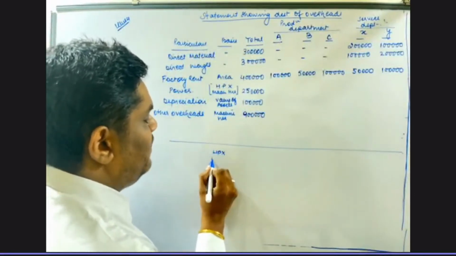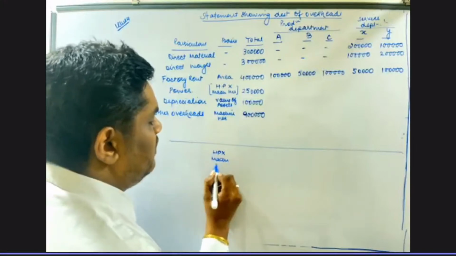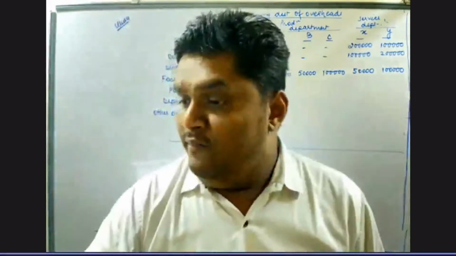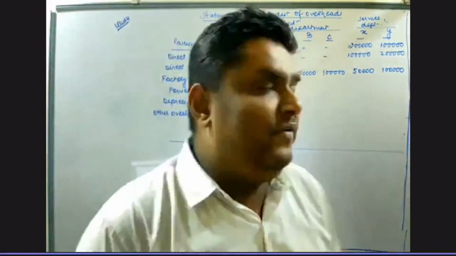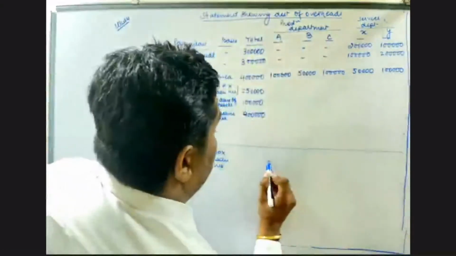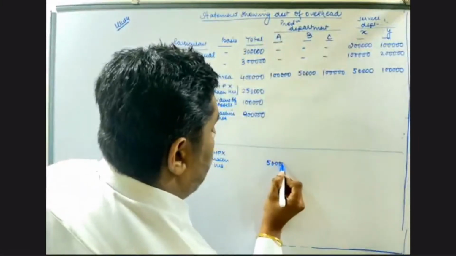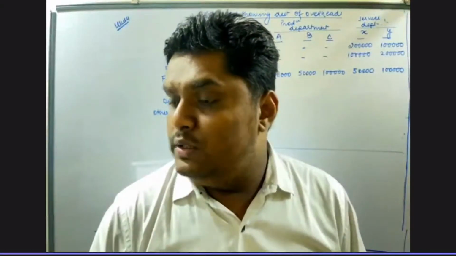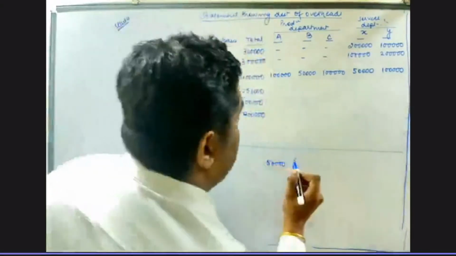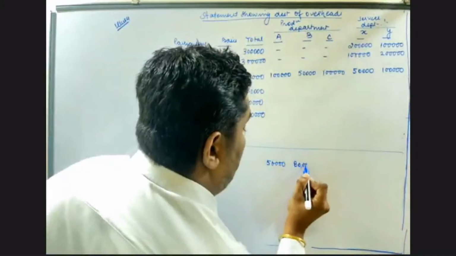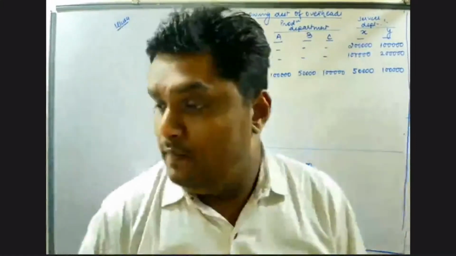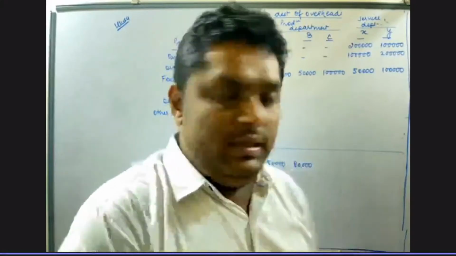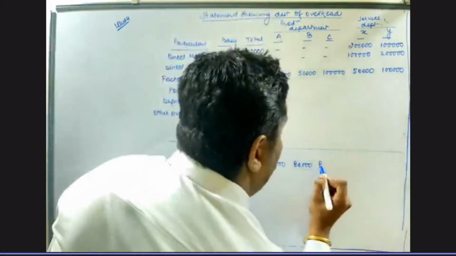Further, horsepower into machine hours will be 50 into 1,000, so this will be 50,000. 40 into 2,000, this will be 80,000. 20 into 4,000, this will also be 80,000.